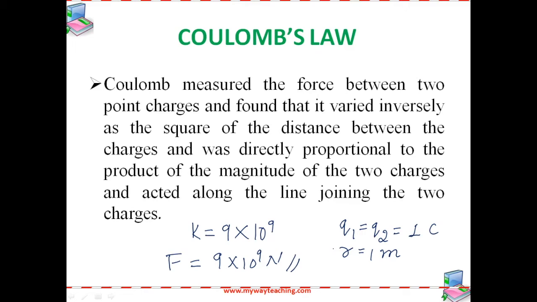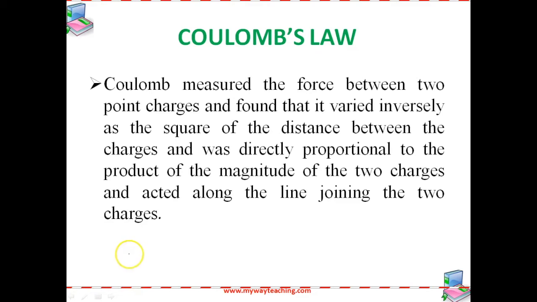And the constant K, which we use in this equation, is equal to 1 by 4 pi epsilon naught. So we can write the Coulomb's law in another way. First, this is the Coulomb's law.